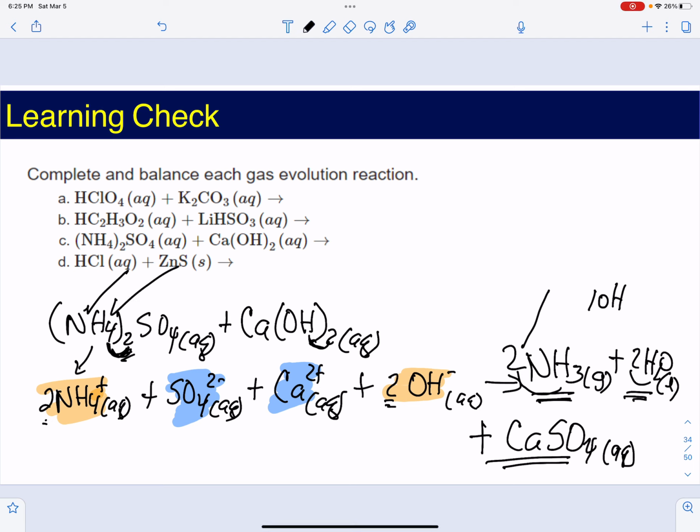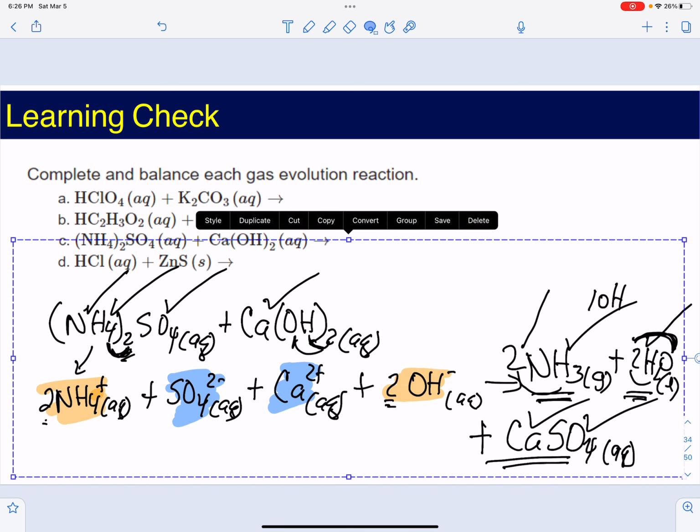So the hydrogens check out. 1 sulfate, 1 sulfate, 1 calcium, 1 calcium, and 2 oxygens, and 2 oxygens. We do not count the oxygen from the sulfate because we already count them as part of the sulfate.